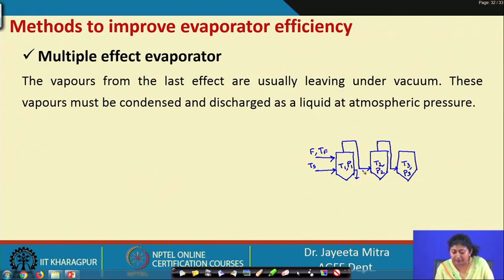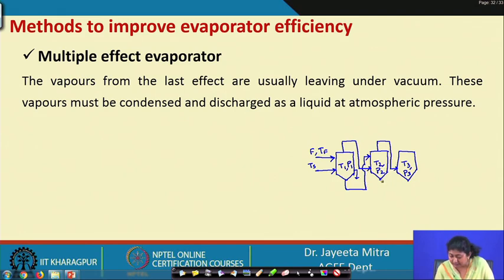So, this vapor will be condensed here in the second effect and give the latent heat of condensation that is being utilized by the feed, which is the concentrated feed that is coming out from the first effect.